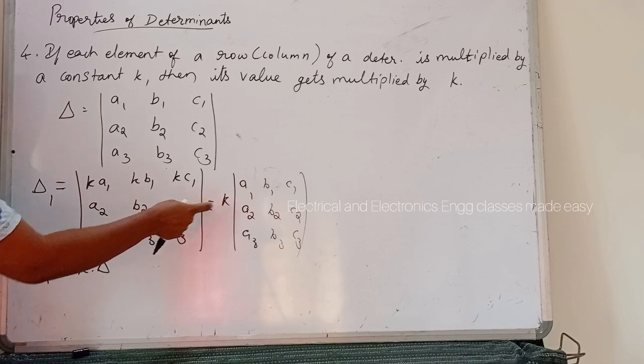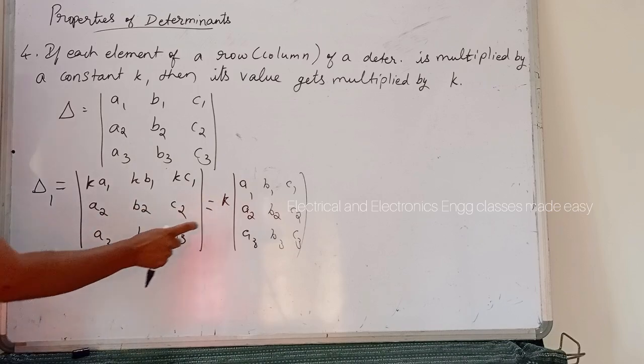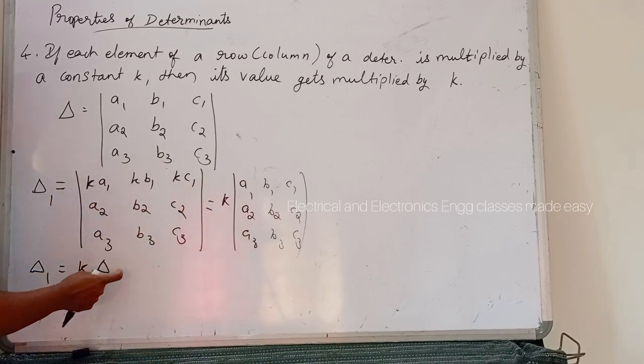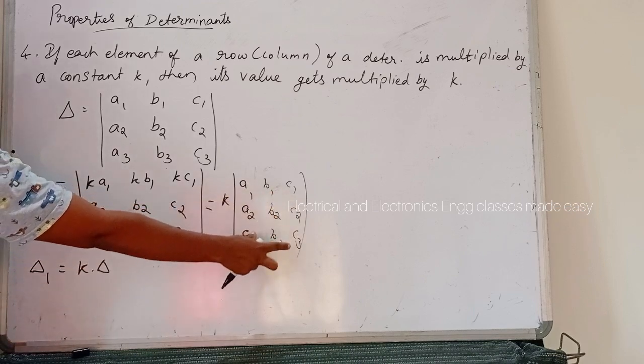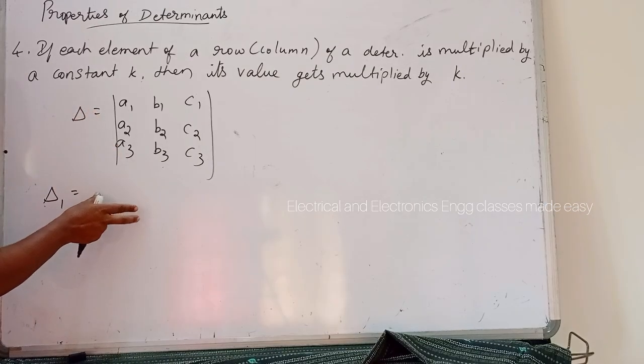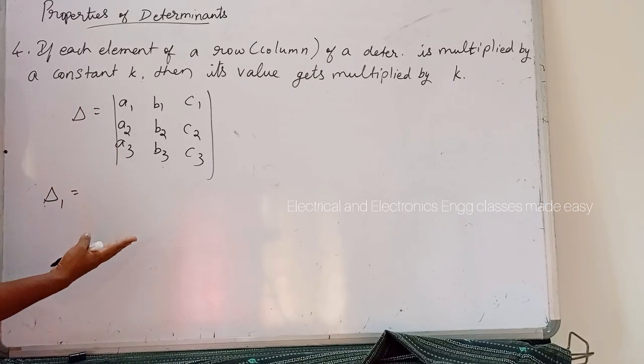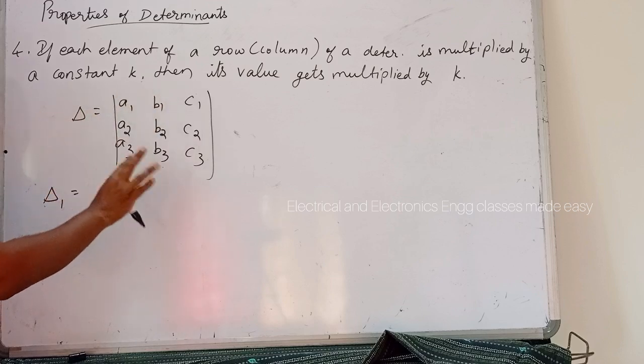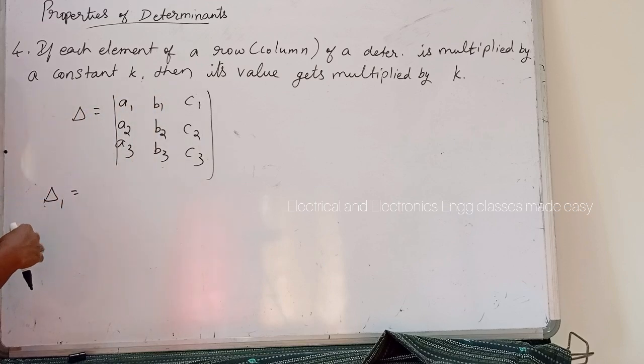So here the value of this determinant will be multiplied by k. And by this property we can take out any common factor from any one row or any one column of a given determinant.